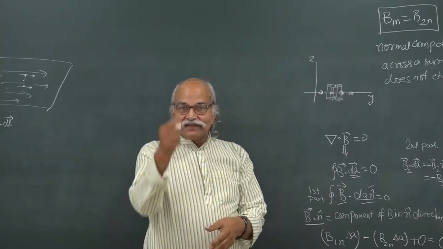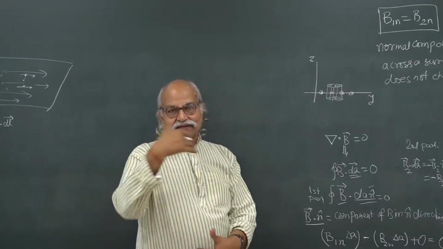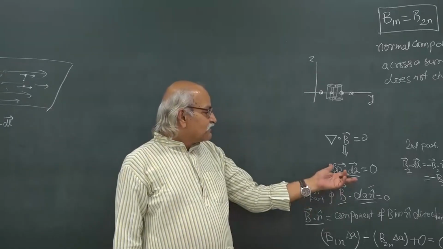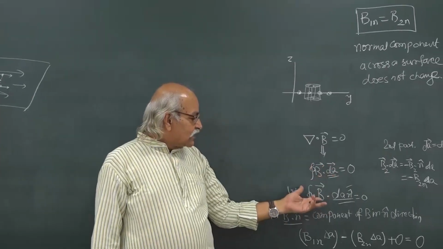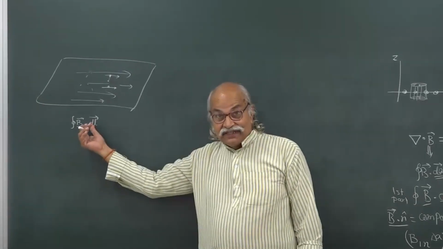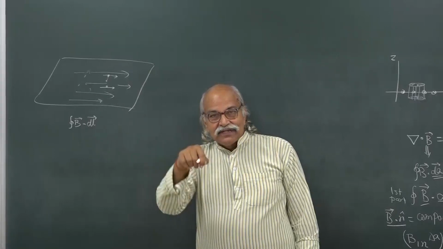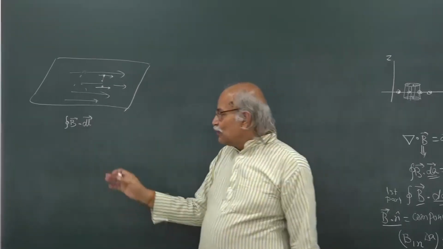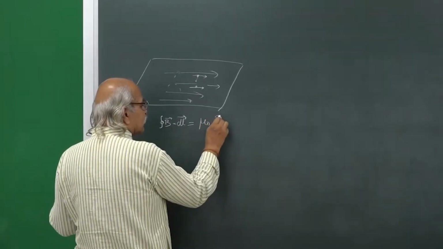We took the example of a cylindrical surface, a flat surface, another flat surface, a curved surface. So, this equation is to be used on a closed surface, and this equation is to be used on a closed curve. On that curve we do B dot dl, and this is equal to mu naught times the current enclosed.